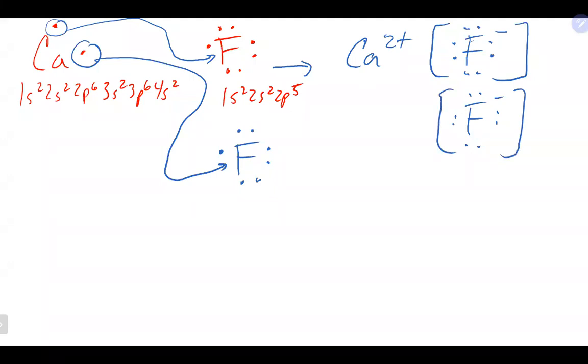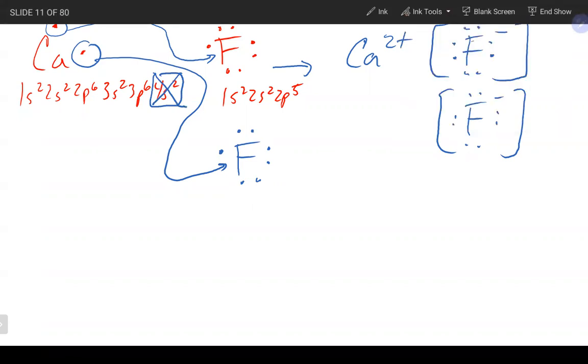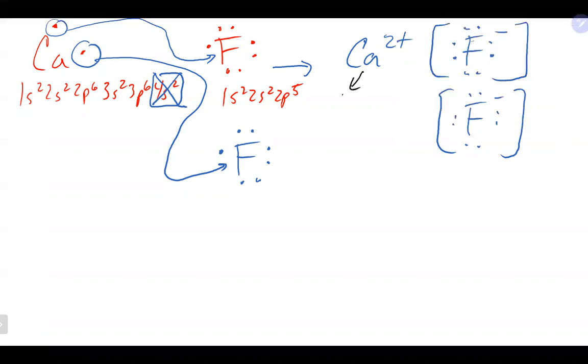And in terms of the electron configuration, the calcium once again was able to get rid of its 2 valence electrons, leaving it with 18 electrons, which means it was able to achieve argon's configuration.